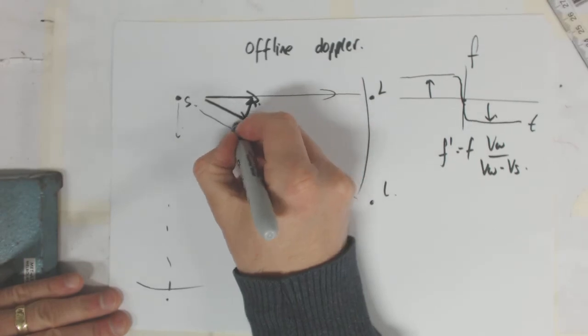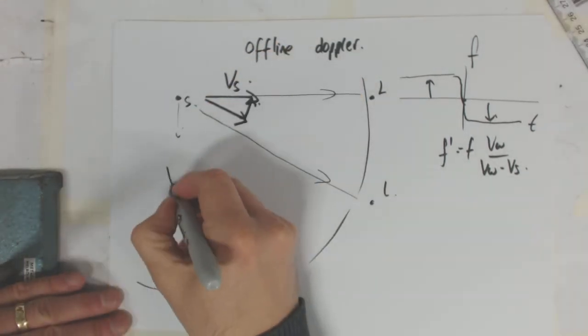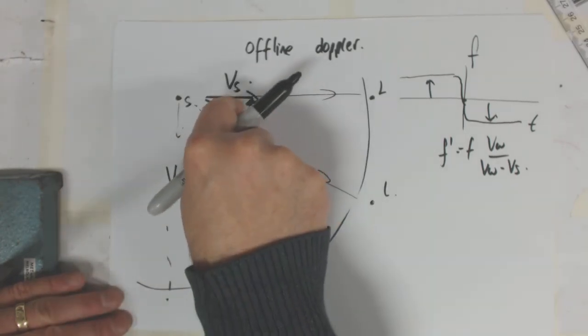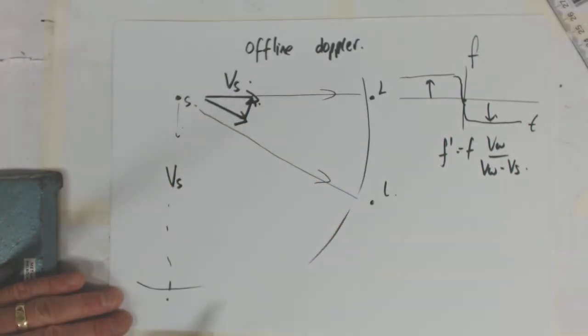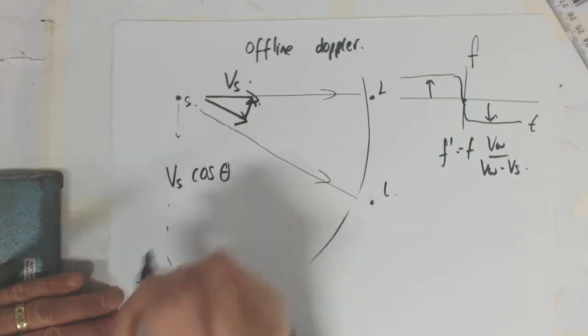So we actually need just that component. This is Vs. So the component we would use would be Vs. If this is the angle here, theta, then the component we are going to use is going to be cos theta. So that at 90 degrees we get nothing. That's if that's the theta we're using.